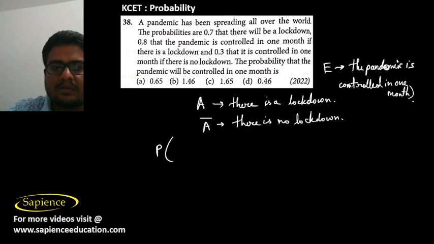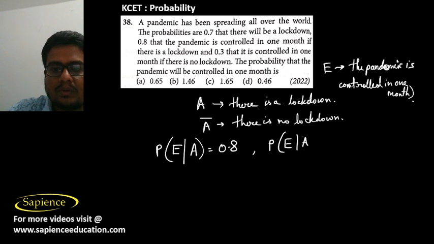So therefore, the probability that the pandemic is controlled in 1 month, given that there is a lockdown, is 0.8, and the probability that the pandemic is controlled in 1 month when there is no lockdown is equal to 0.3.